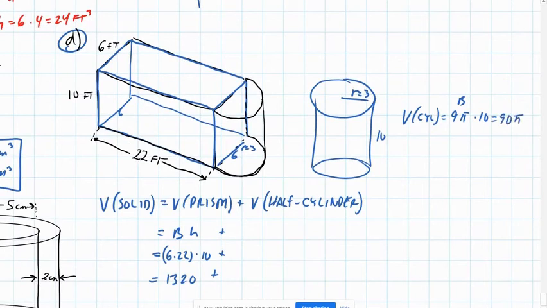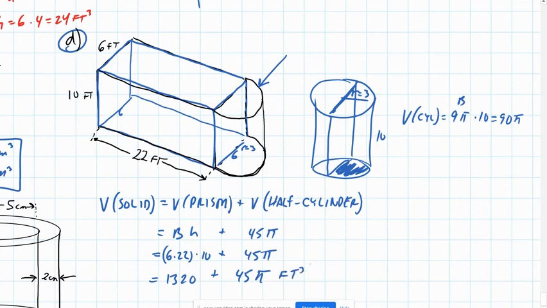And we're only taking half of that because the end of this composite figure is just half of a cylinder. So if we imagine cutting this figure in half and only taking half of the cylinder, then we would have half of 90 is 45 pi. Okay, and that's in cubic feet. So there's our exact answer.